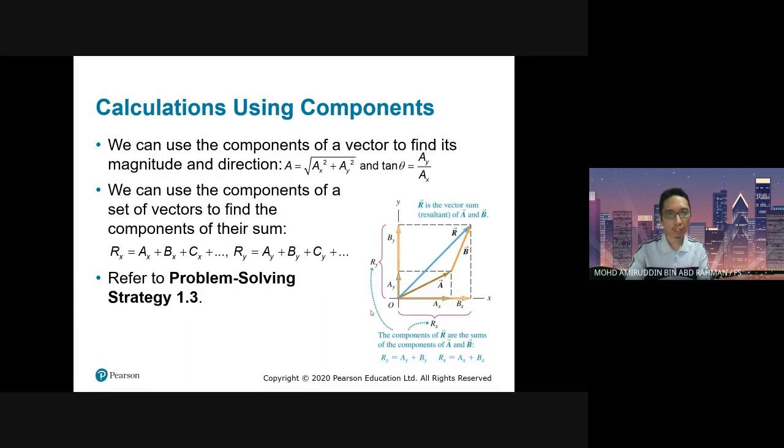So when you have the y component and also the x component, you can simply find theta. For example, if you have multiple components to be solved, the summation will be the addition of all x components and the addition of all y components, and then you can solve that.